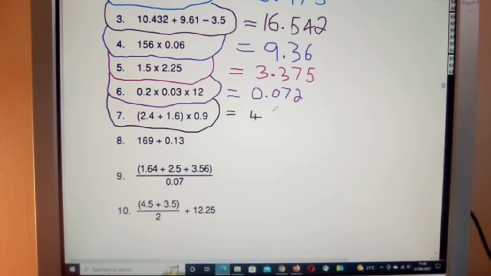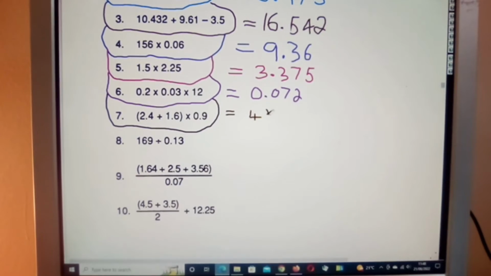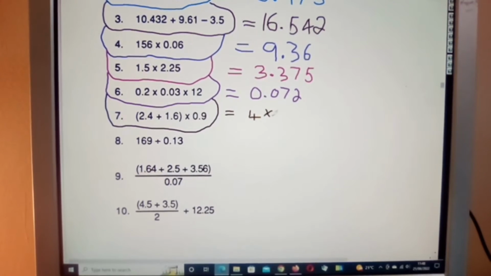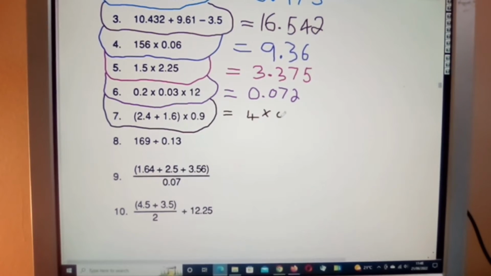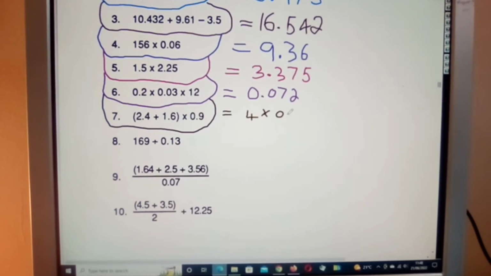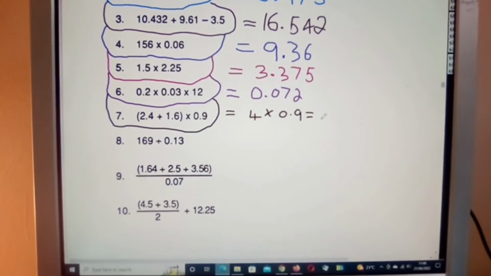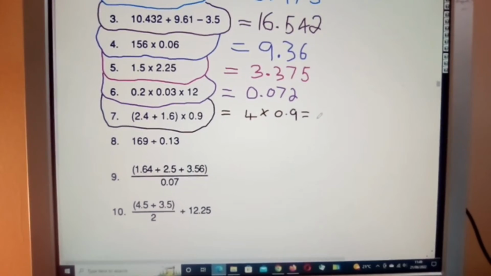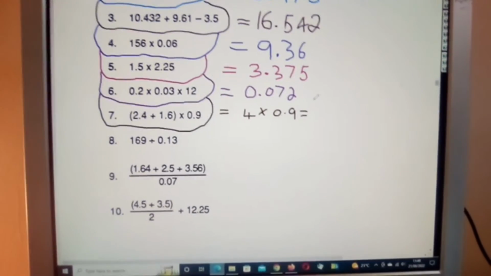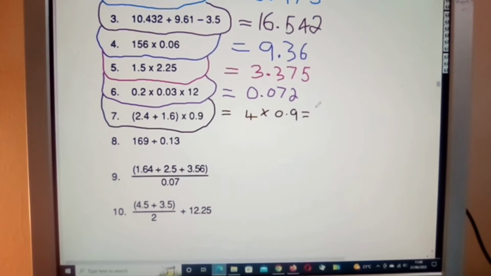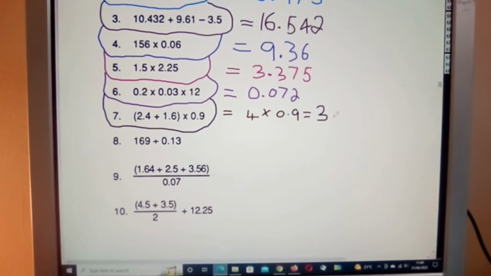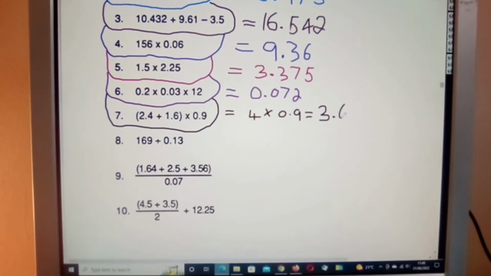And that means that you're going to multiply 4 by 0.9, which equals 3.6.